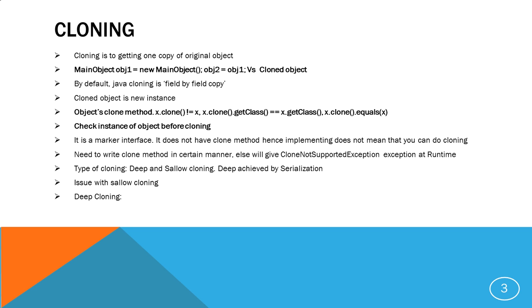Shallow cloning is where your properties are copied, but whenever you make a change in the existing object, your cloned object will be impacted, or vice versa. When you make a change in the cloned object, your existing object can be impacted.